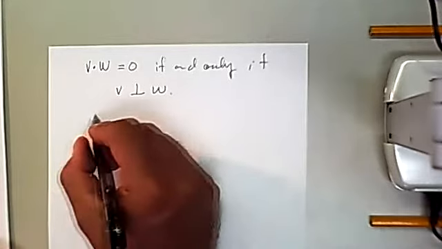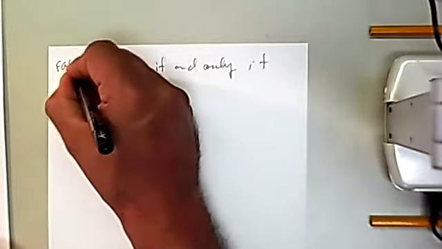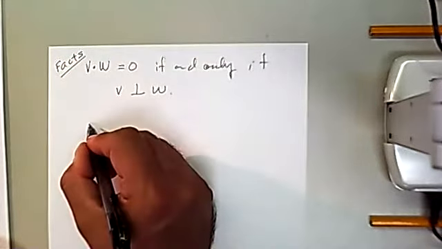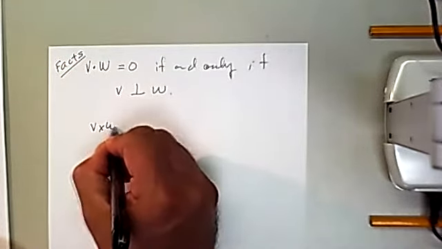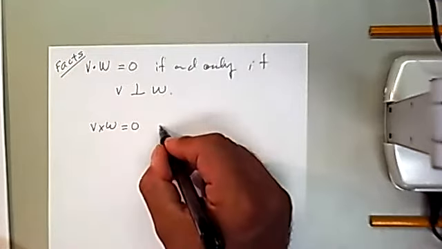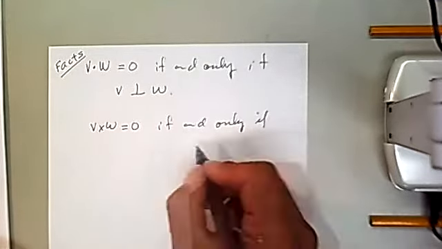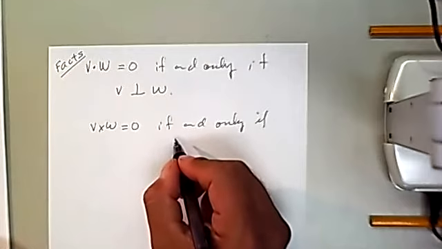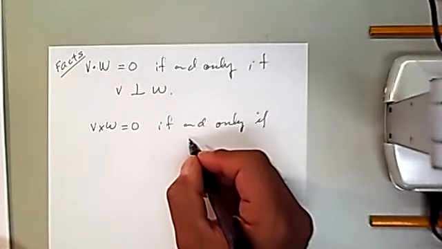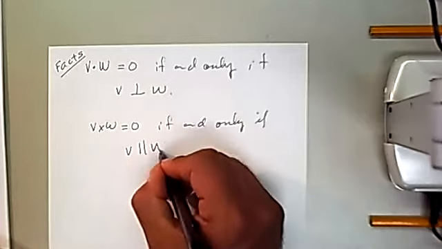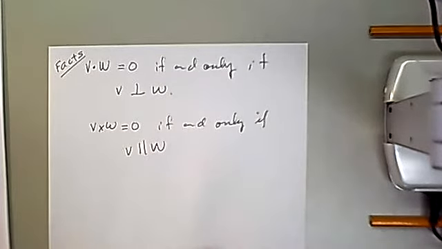And so this is a fact, or facts. That's one of them. V cross W is equal to 0 if and only if V is parallel to W.